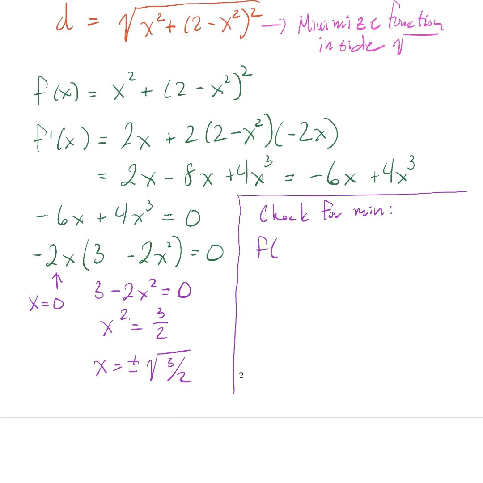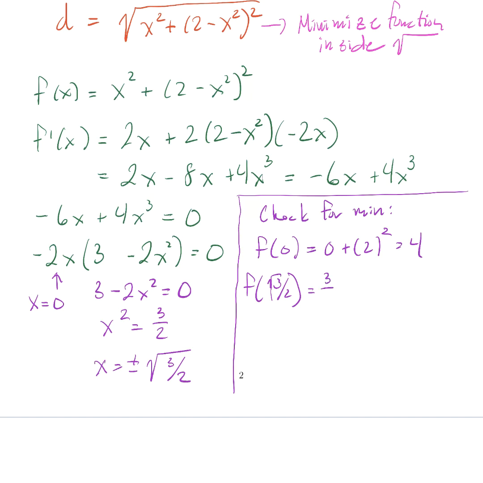So this thing we've called f, evaluated at 0, is going to be 0 plus 2 squared, or 4. And if we evaluate it at the square root of 3 halves, let's see, what are we going to get?